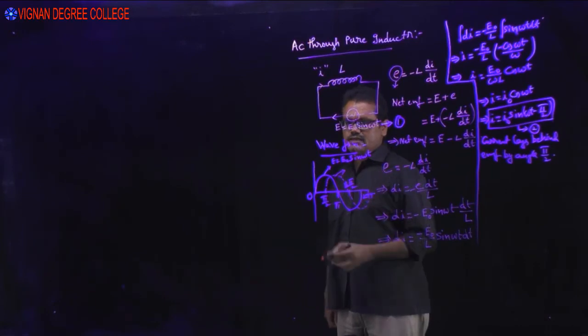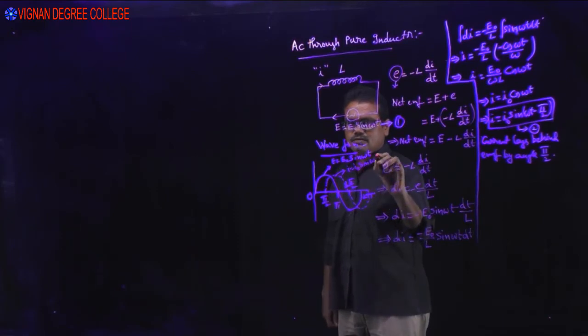So this dotted curve represents I is equal to I naught sin omega t minus pi by 2.